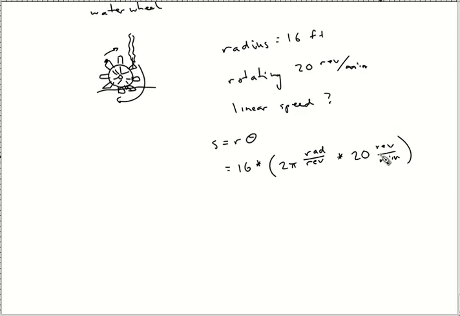What happens is that you cancel out these revolutions, and you're left with radians, which is what we need for theta. So you multiply that straight across, and you get 16 times 2 pi times 20, and then your answer would be, doing the calculator right quick, 2010.619. So there you go.